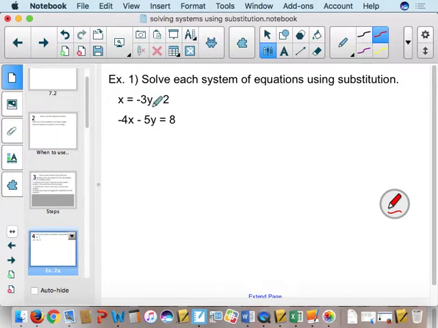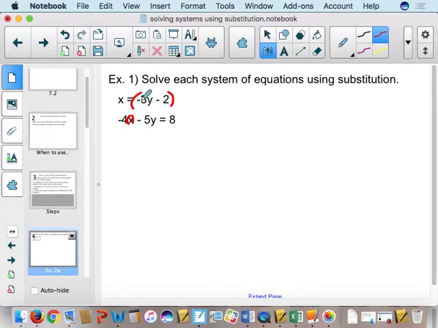We're not ready to graph this, but we are ready for substitution. So x is by itself. x equals negative 3y minus 2. Go ahead and put that in parentheses because we're going to substitute that chunk in for x. So x equals that. We're going to plug it in for x.